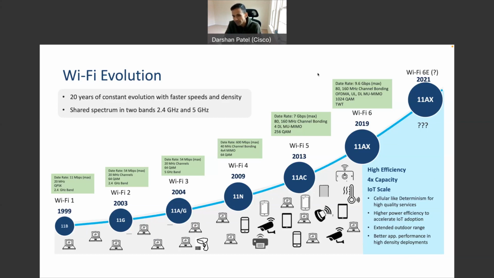So we got 802.11ax, but we need a new spectrum to drive the bandwidth requirement, new IoT adoption, more extended outdoor range, and performance, which is the most important thing. So let's look into it. What are the limitations that we have with 2.4 and 5 gigahertz as of today, and why is Wi-Fi 6E going to drive it?